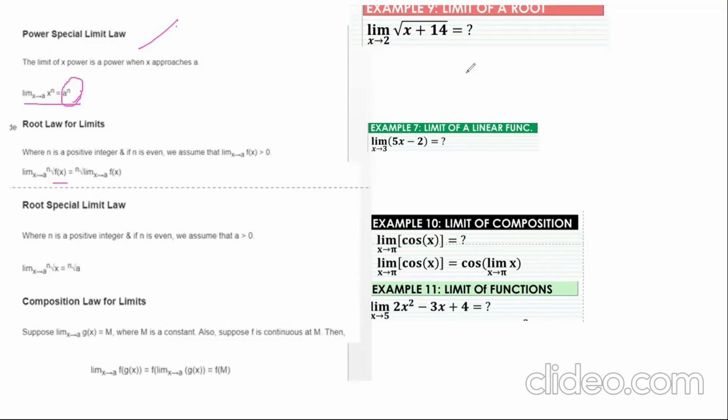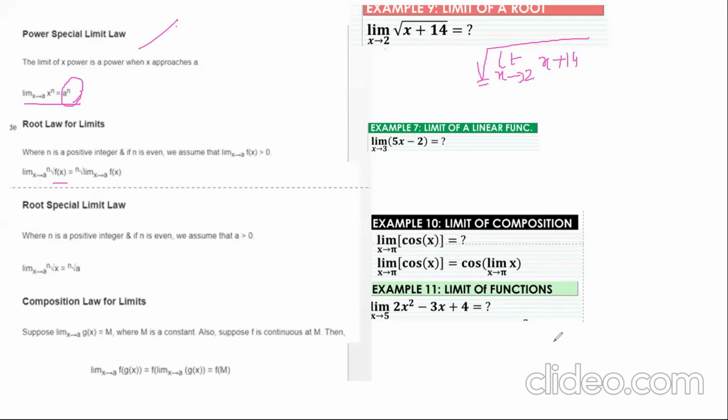So for limit x tends to 2 of root of (x plus 14), what do you write? You write the root of limit x tends to 2 of (x plus 14). You are just removing the root and keeping it outside, right? In this way, we can easily calculate it.